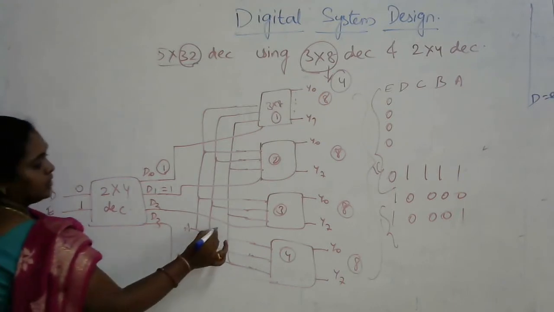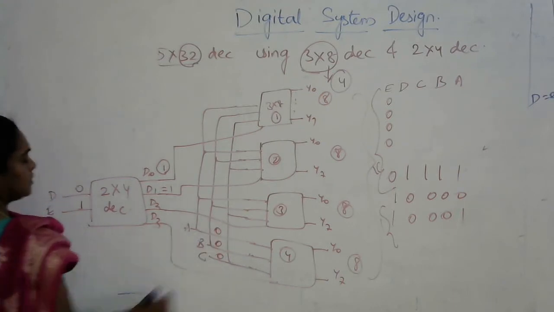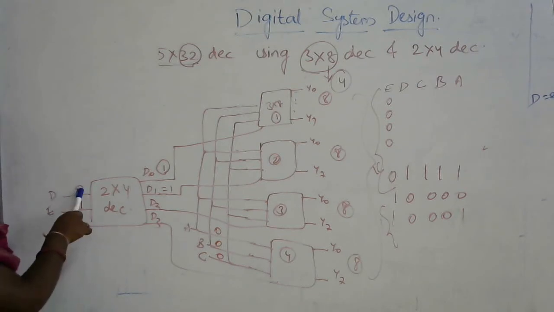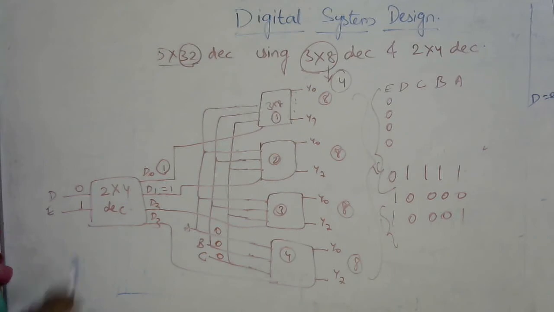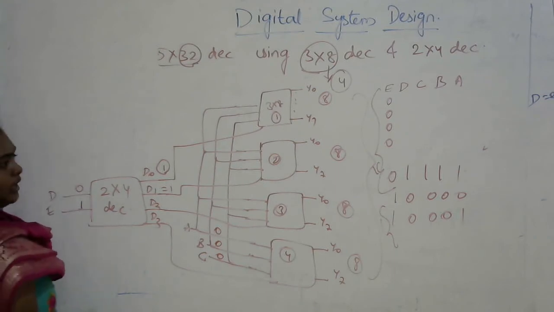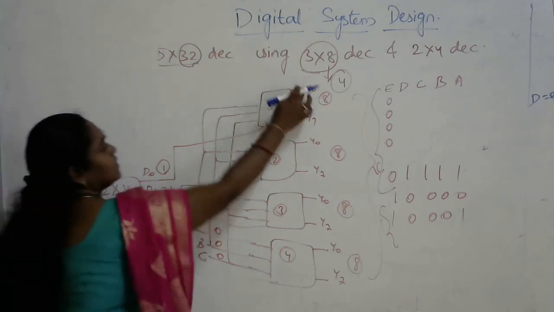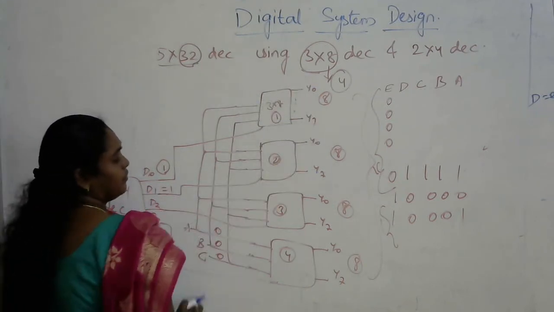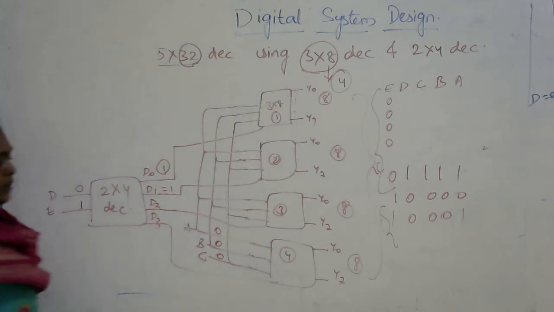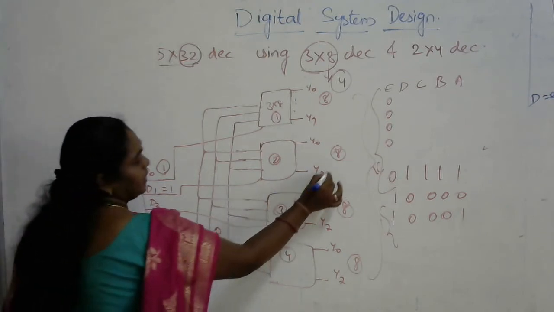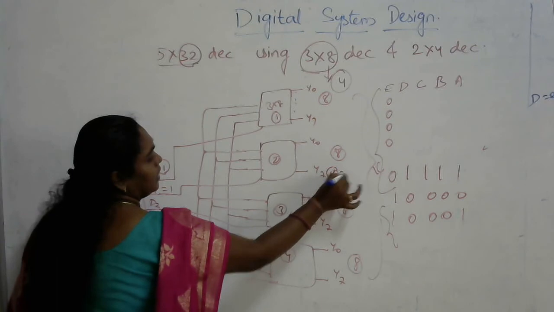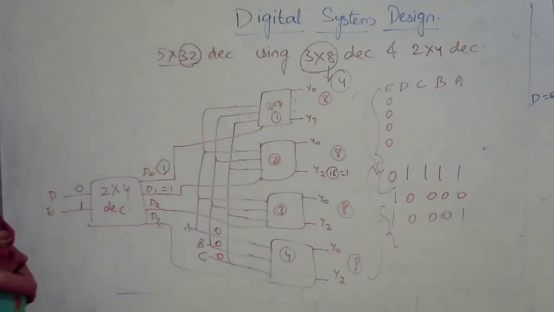Let me take A, B and C values as 0, 0, 0, D value 0, E value 1. If E value is 1 and all the remaining are zeros, that itself indicates the equivalent is 16. So here it is 0 to 7 and it is 8 to 15. Here 15 is nothing but an output, the last output will be equal to 1 and all the remaining will be zeros.